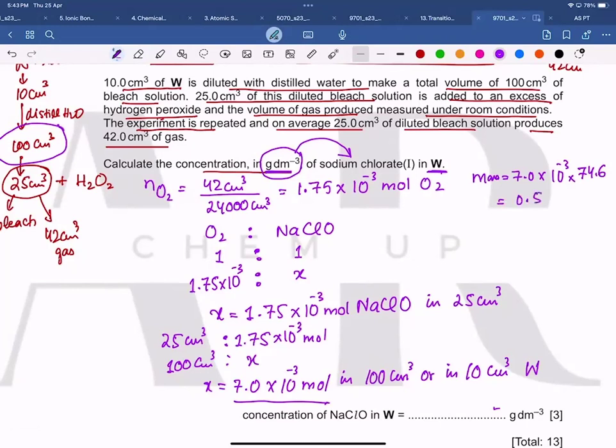0.522 grams. Now these grams are in how much volume? 10 centimeter cube. And we have to find the grams per dm cube. So 0.522 divided by 10 divided by 1000, because the 10 centimeter cube is the volume, so we have to convert it into decimeter cube. That's what we do for a concentration.